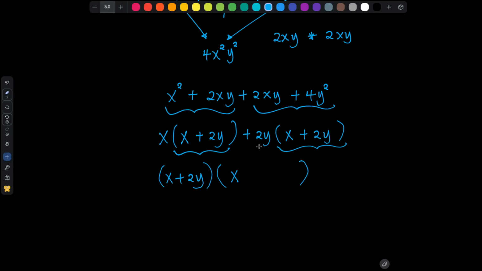The second term, 2y times x plus 2y divided by x plus 2y, leaves us with 2y. So the denominator is x plus 2y times x plus 2y. That's just x plus 2y squared, but I'll write it in the expanded form.